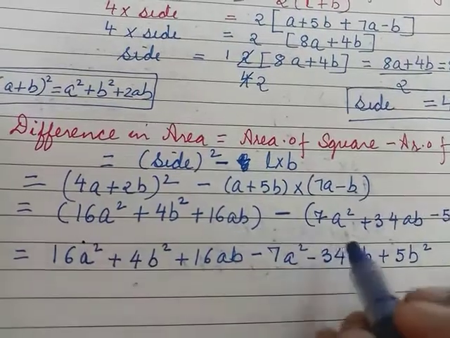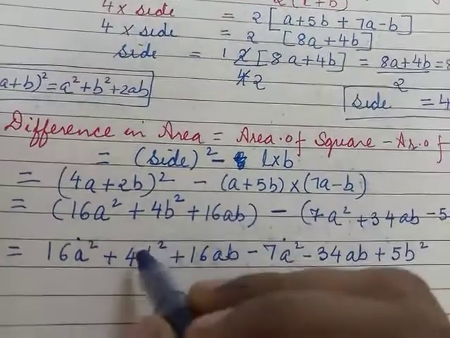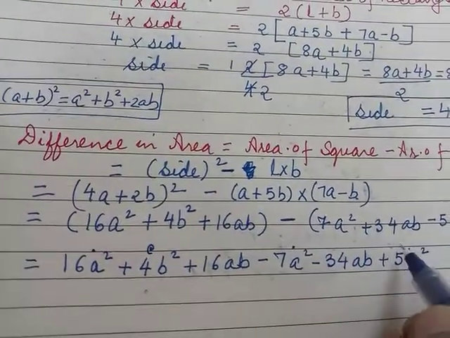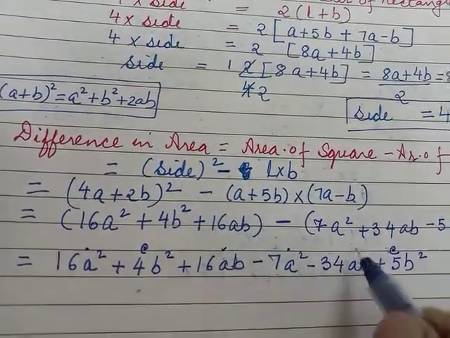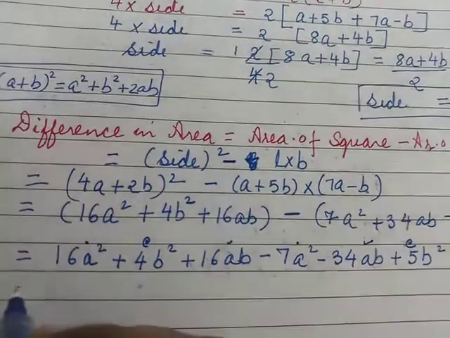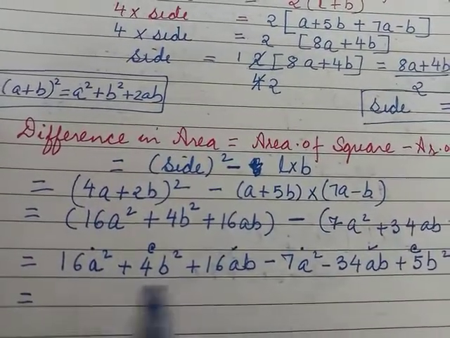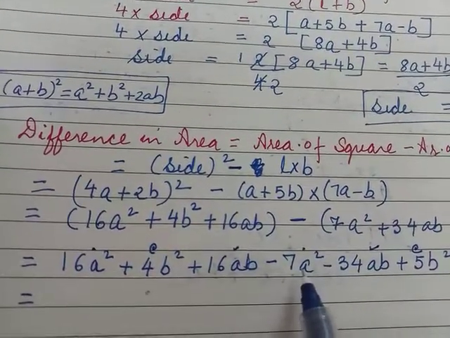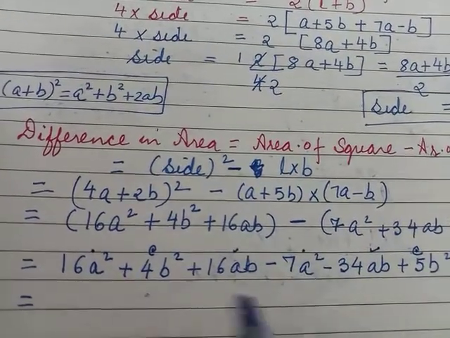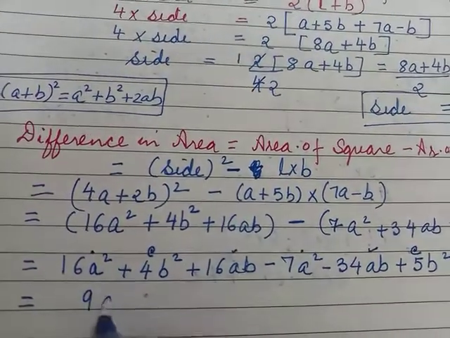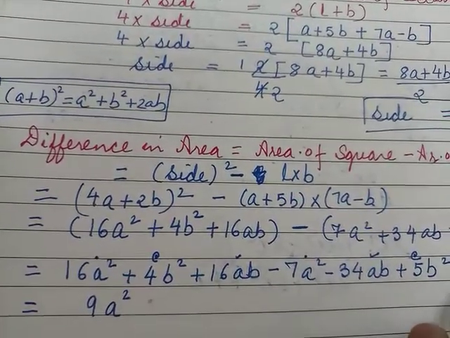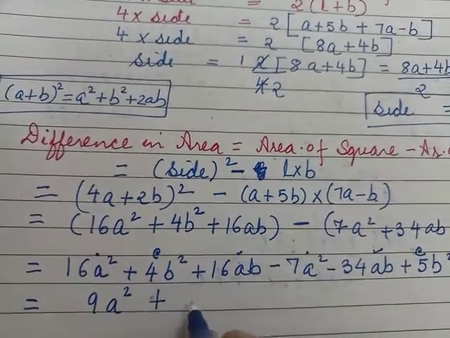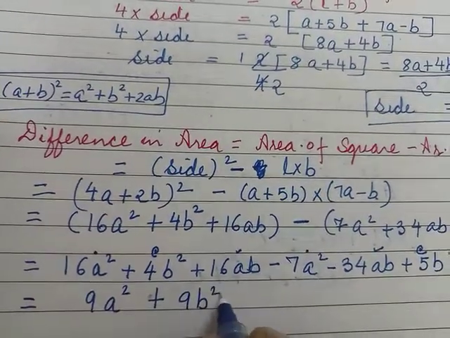Now I mark the like terms. A square and A square, these two are like. B square and B square are like, and this AB and AB are like. So we solve the like terms. 16A square and minus 7A square: 16 minus 7 will give you 9A square. Plus 4B square and plus 5B square will give you plus 9B square.